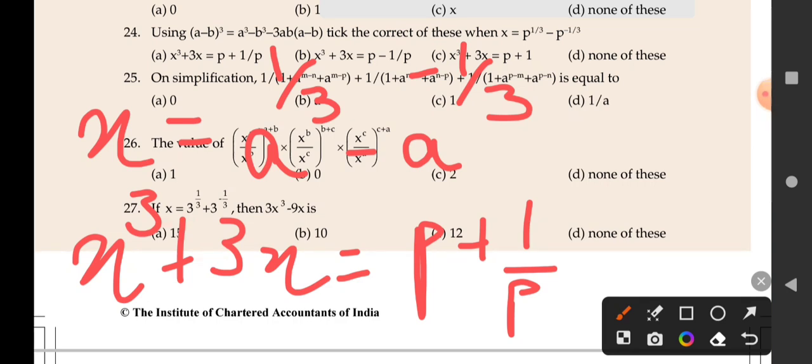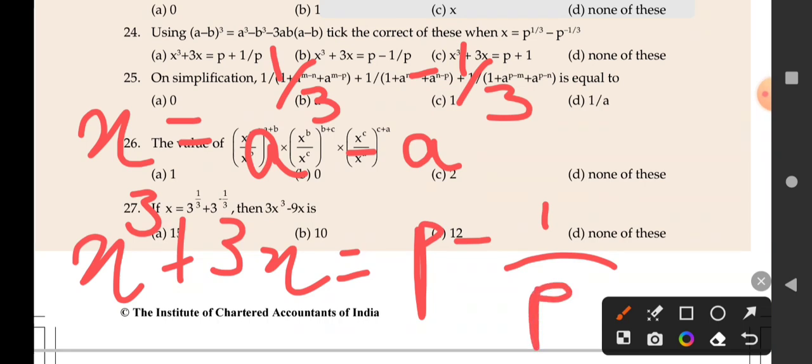Am I doing it correct? Just a minute. Sorry, p minus 1 by p. So if this is already given, the x cube plus 3x will be p minus 1 by p.